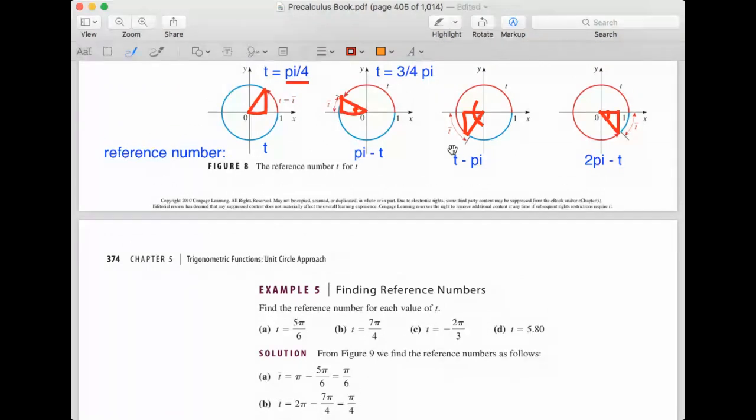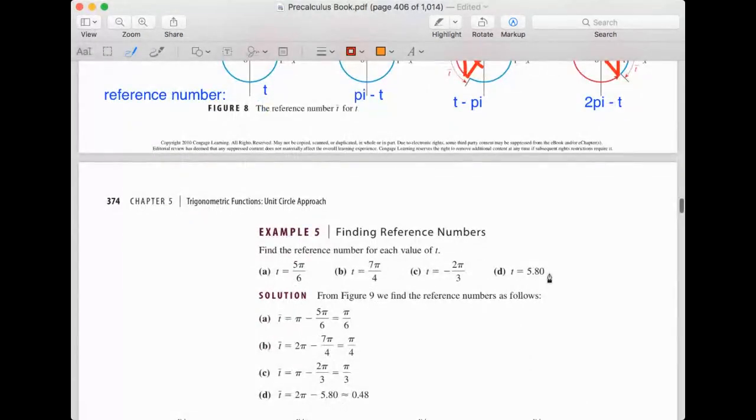We would do the angle minus pi, but this is negative, so we want to find the positive equivalent. We do 2 pi minus this angle, and we get this one. Then we subtract pi.